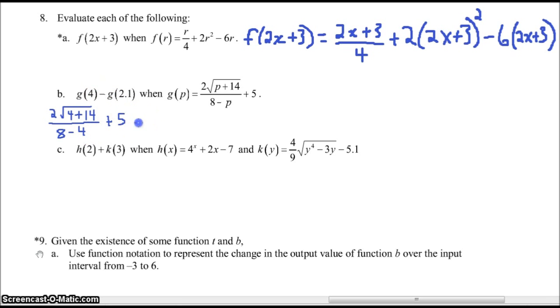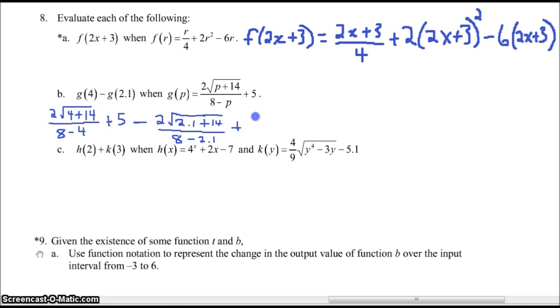Now I need to subtract g of 2.1, which is just 2 square root of 2.1 plus 14 all over 8 minus 2.1 plus 5.